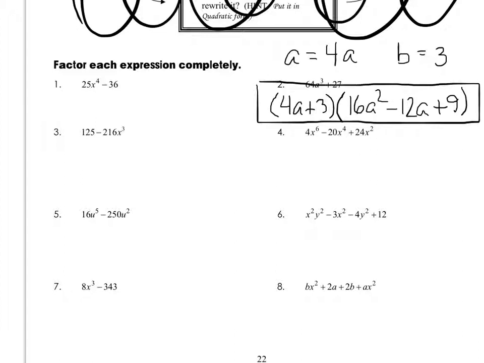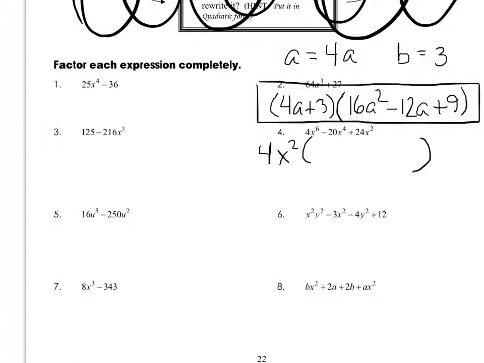Okay, let's look at number 4, because number 4 is a little bit different in that it has a GCF I can take out of everyone. If you look at all three of those terms, it looks like I could take out an x squared from everybody. And also 4, 20, and 24 are divisible by 4. So before I even start that one, I'm going to pull out a 4x squared from everybody.